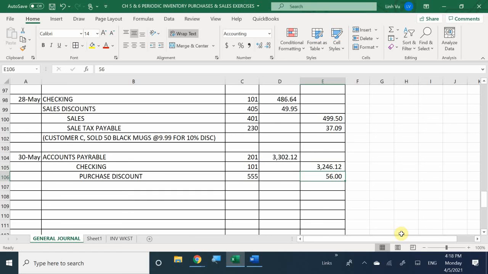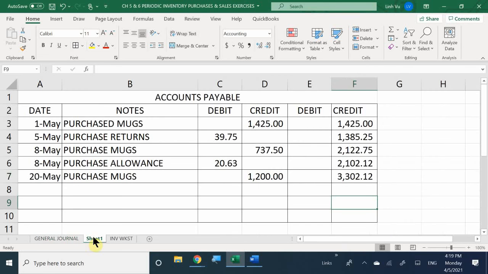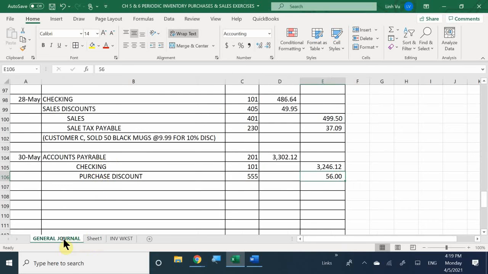So here I did not write them a full check for the 33.02.12. I wrote them a check for 32.46.12, so I wrote a check $56 less. Let me double check this. 33.02.12, yeah. Okay. So does that answer your question, Felipe?